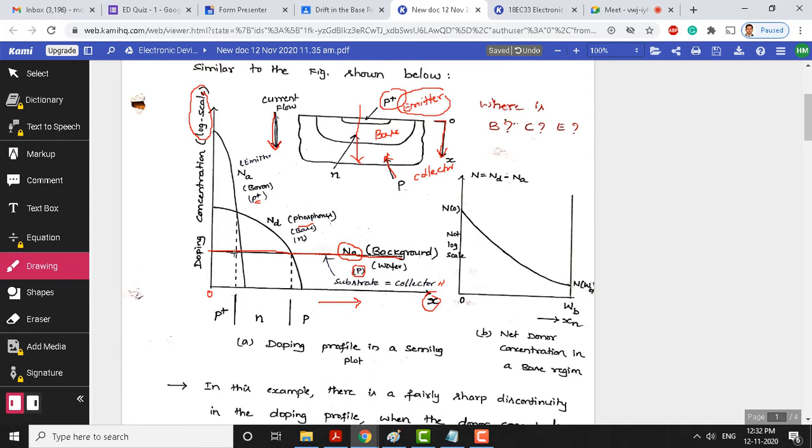So, there is an interaction between different dopings also. You can see initially we started with this wafer or background material, which is an acceptor ion concentration of p type, and this is acting like a collector. Okay, so, which you are seeing here. So, this is a base material. It is like house construction. You know that in building construction also we lay the foundation first.